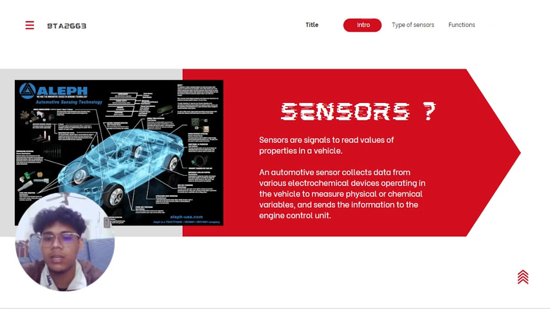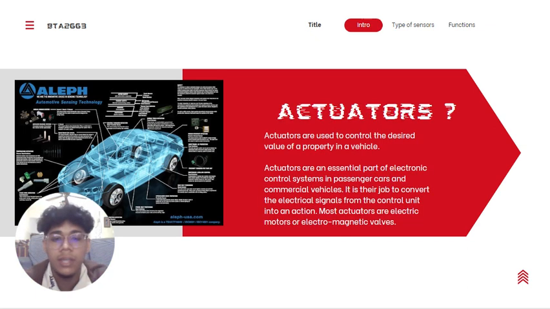Common sensors in a car include the throttle position sensor, oxygen sensor, mass airflow sensor, and others. On the other hand, actuators are used to control the desired value of a property in a vehicle. Actuators are an essential part of the electronic control system in passenger cars and commercial vehicles.